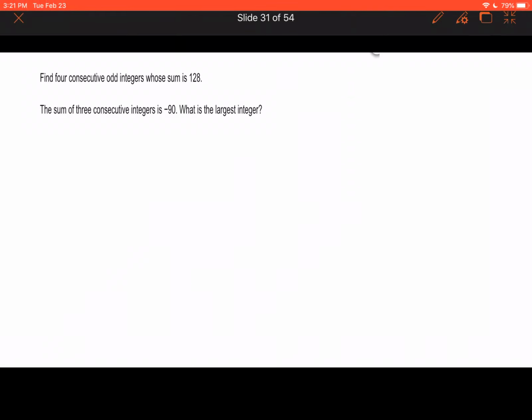Okay, find four consecutive odd integers. This time it is odd integers, so we have to start with 2n plus 1, right? The second integer is going to be 2n plus 3. The third is going to be 2n plus 5. The fourth is going to be 2n plus 7, right? All these added give 128.